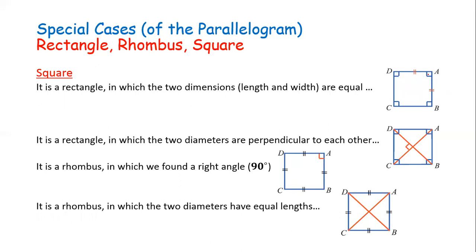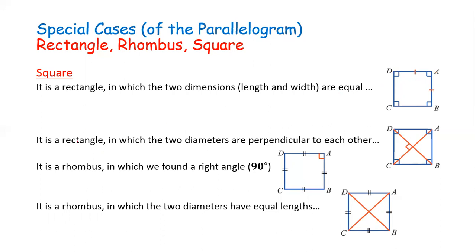Now, if we can prove or see that the length of the rectangle is equal to the width of the rectangle, or in other words, the lengths of two adjacent sides are equal to each other, then we could say that this rectangle is also a square.